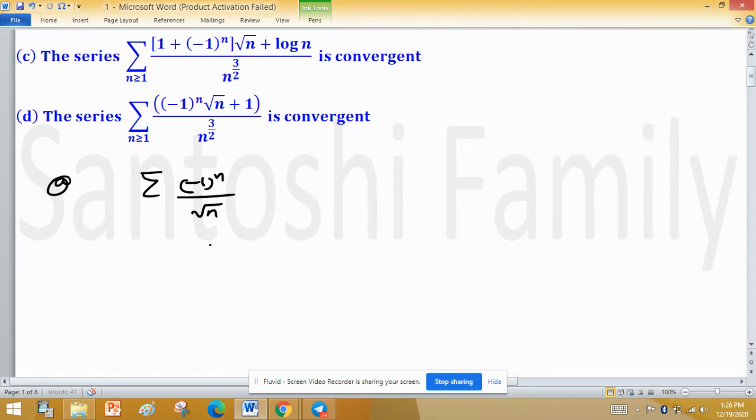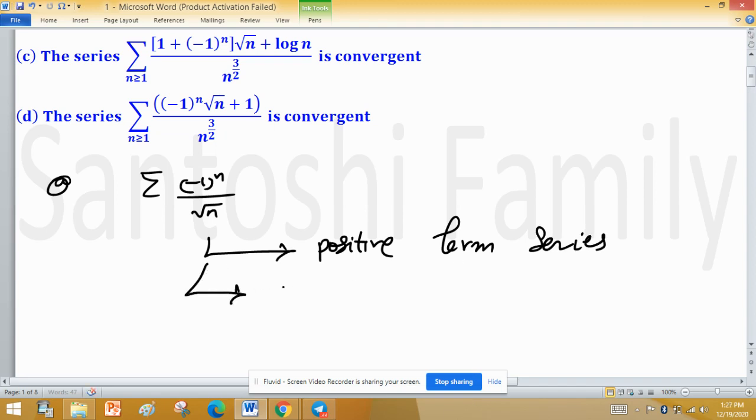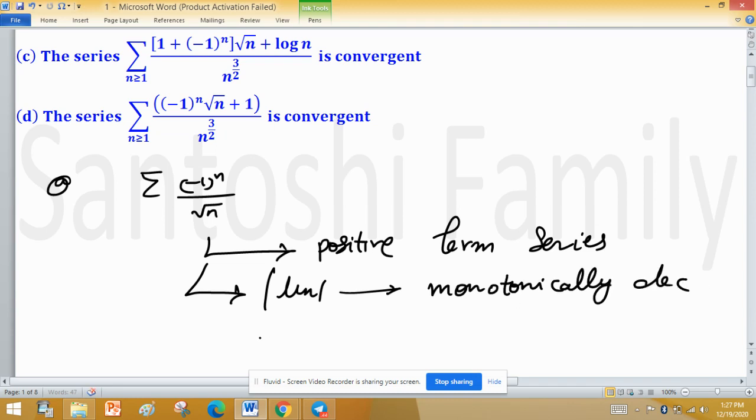According to the Leibniz test, after making it a positive term series, the mod of un should be monotonically decreasing, and the limit of this un must be 0.